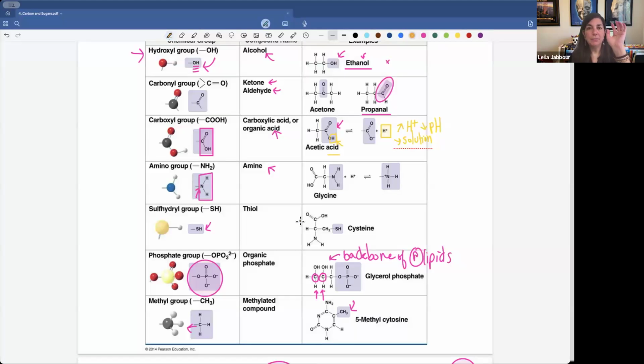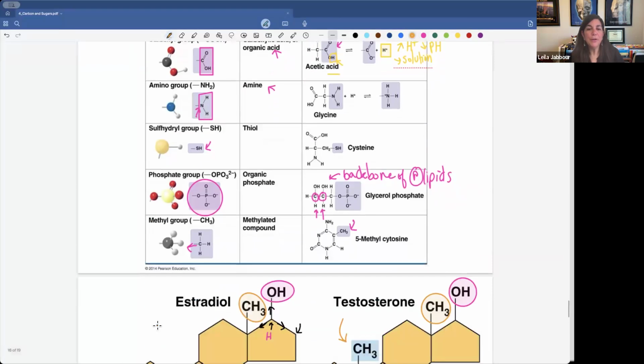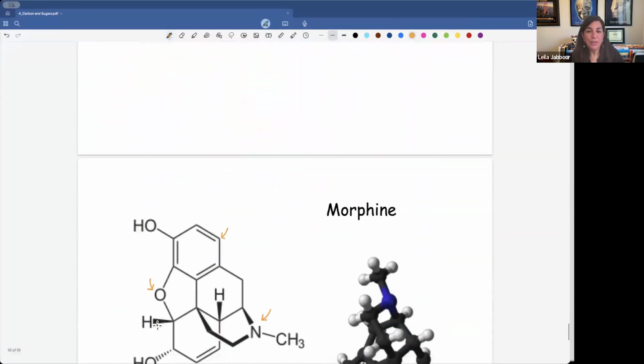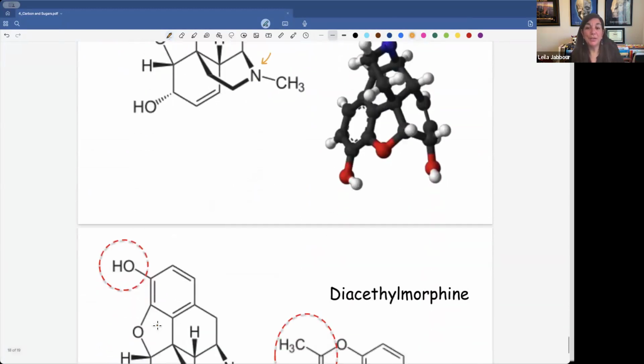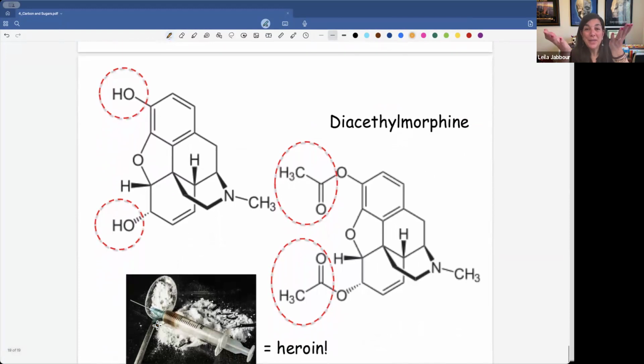This acetyl group wasn't mentioned. This is to keep things a bit simpler, because there are more groups we can add, but these are the basic ones to remember. But this is another example, and you don't have to memorize this one. It's just another example to show you, like I showed you with estrogen and testosterone.